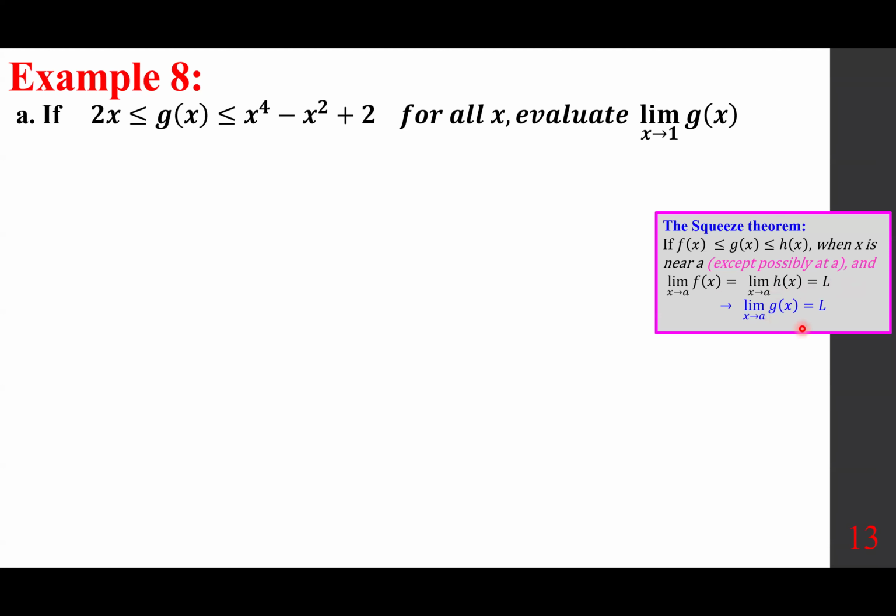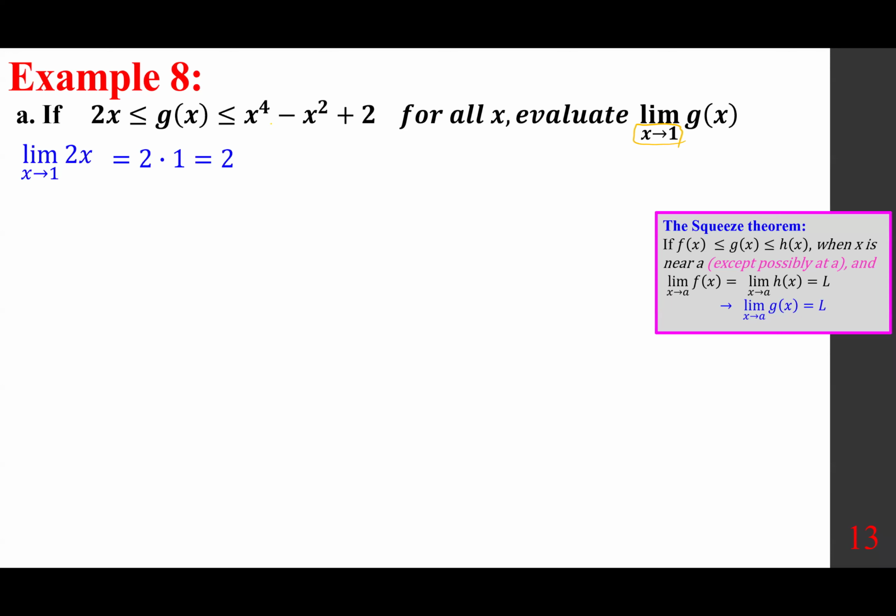What it says is, if the left side and the right side give you the same limit, so does the middle one. So let's look at the left side as x approaches 1. The limit of 2x as x approaches 1 is just 2.